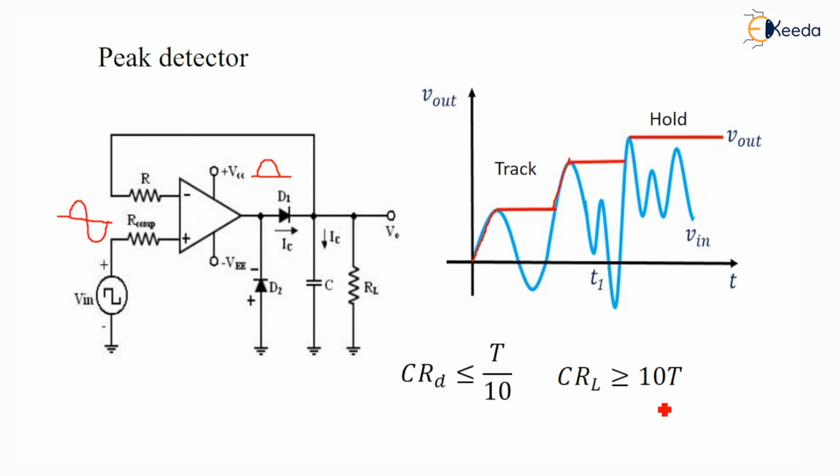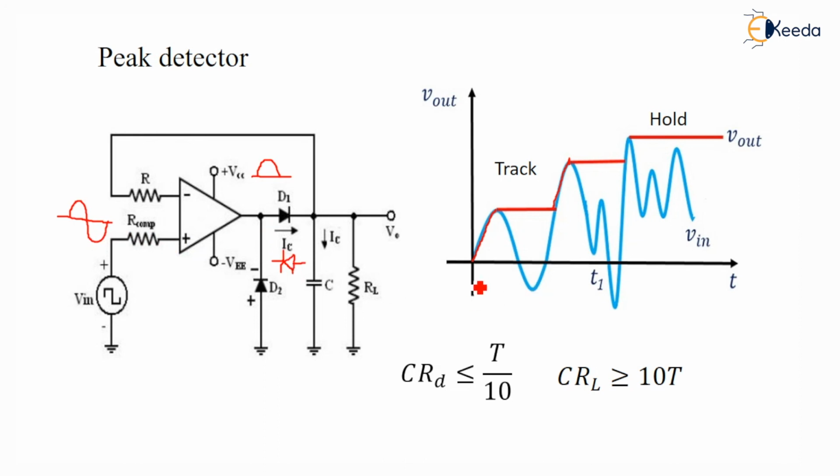In the negative peak detector, the diode direction will get reversed. So here the diode will get replaced like this. In the negative peak detector, the diode will conduct for the negative half cycle. If the negative half cycle comes, at that time the diode will be forward biased.